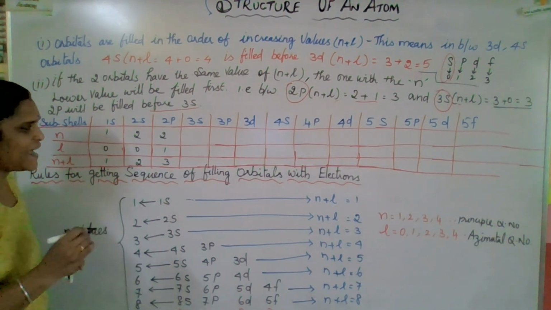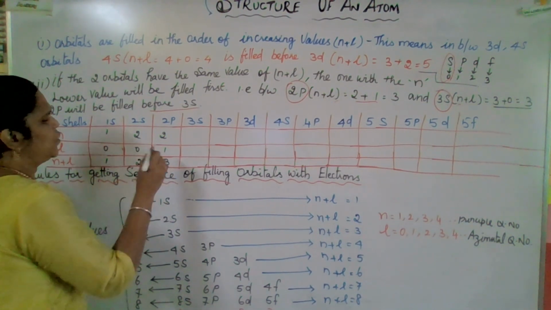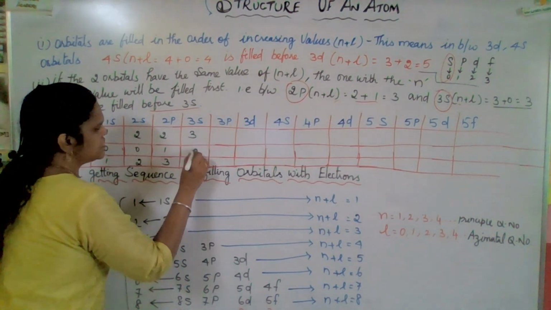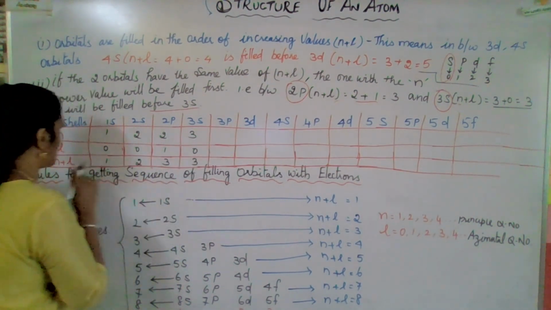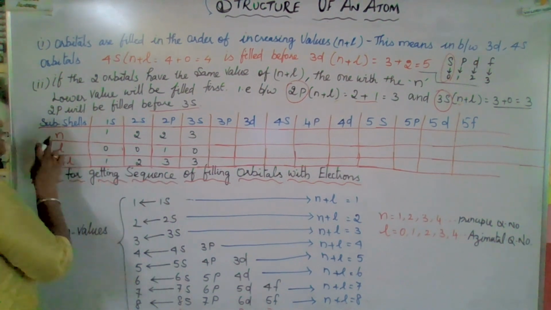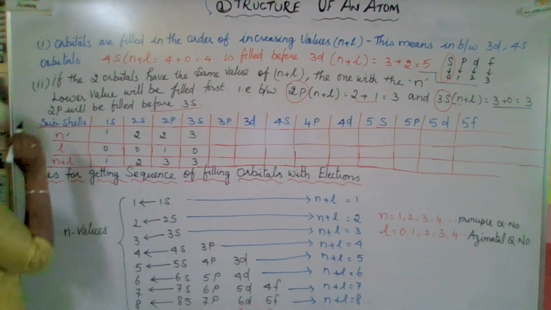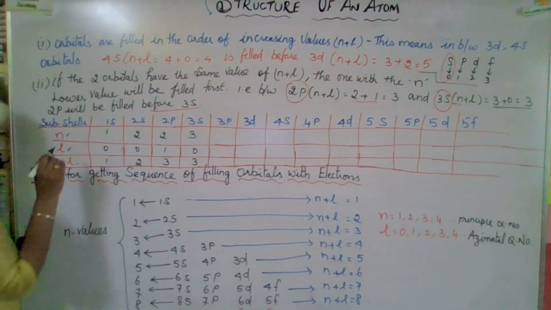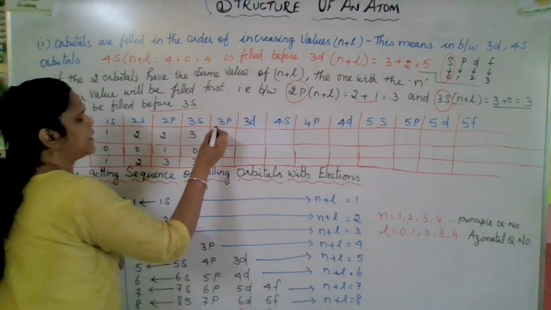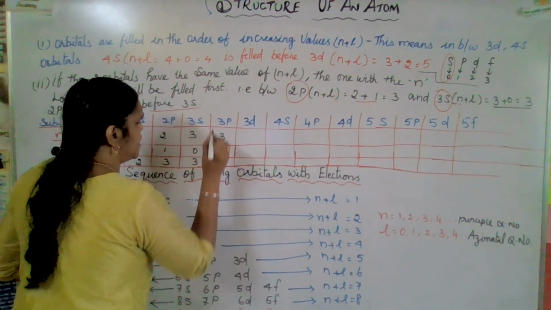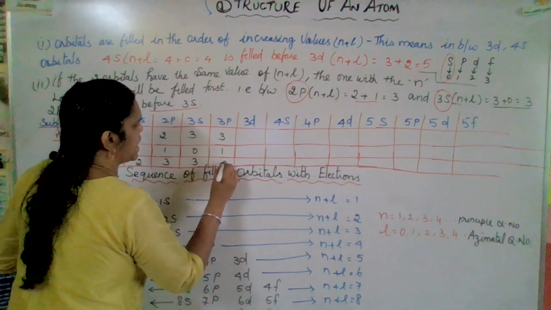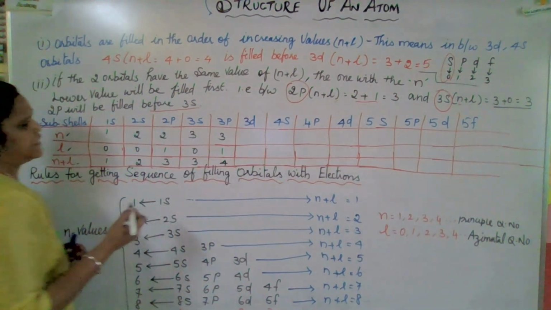I hope you got an idea. By now you will know 3s: n value 3, s value 0. That means n plus l value is 3 only. See, n is the principal quantum number and l is the azimuthal quantum number, both combined. Now here for 3p, n value 3, p value 1, and both combined, n plus l is 4.